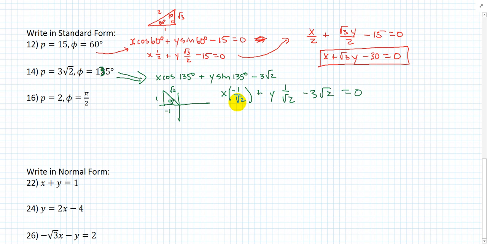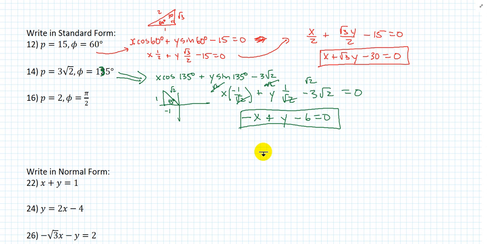And this looks tricky, but notice how I have root 2 on the bottom and that on top. So if I multiply everything by root 2, this cancels out, and I'm left with negative x plus y, and then root 2 times root 2 is 2, so minus 6 equals 0. So there's the equation of the line.